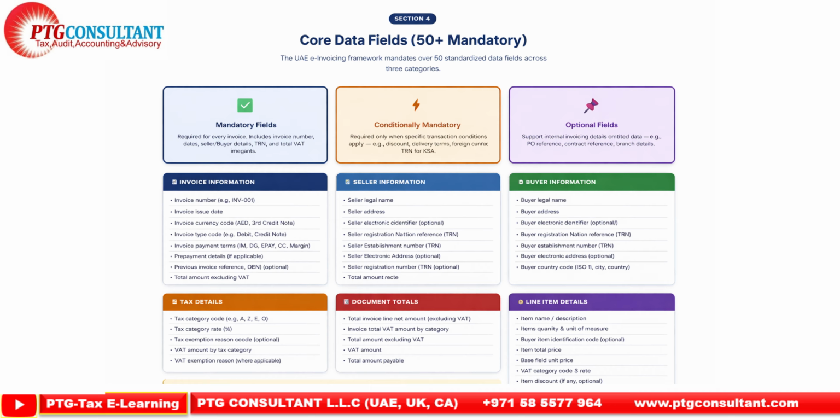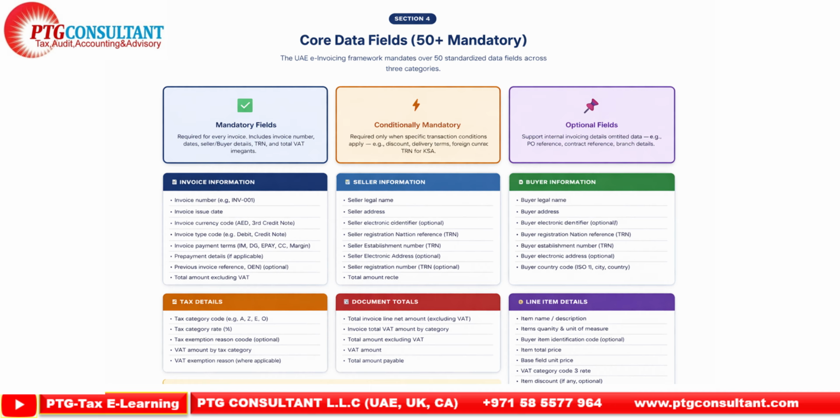Conditionally mandatory fields are only required when specific transaction conditions apply. For example, a delivery country code is required for export transactions, and the buyer's tax registration number is required where the buyer is VAT registered. Optional fields support internal records and business context, such as purchase order references, contract references, and branch details.